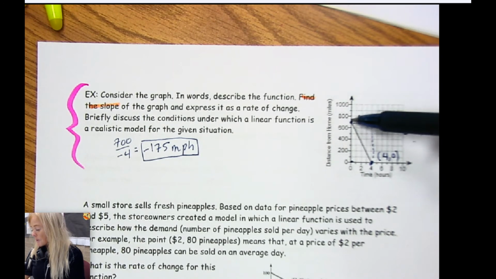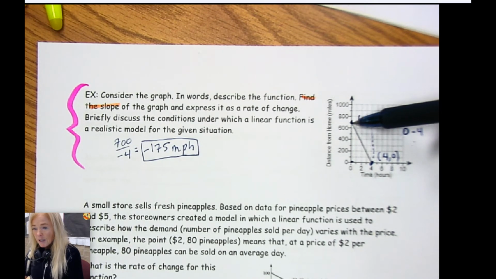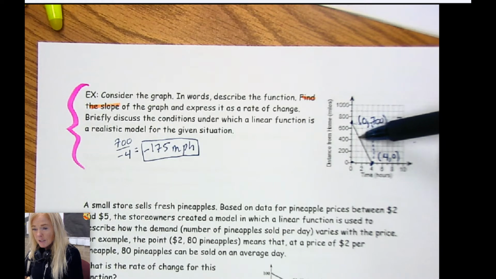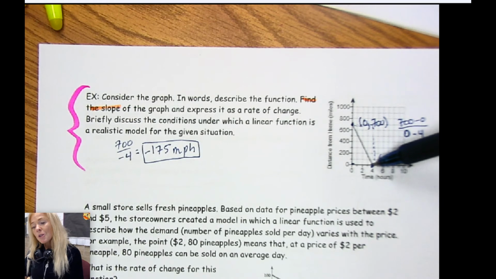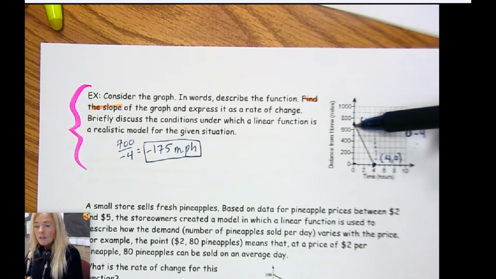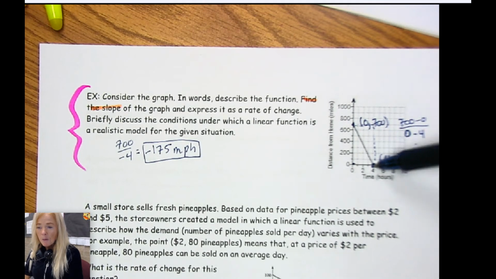But our distance from home is 700 miles, and as time is increasing, our distance from home is getting smaller and smaller. So it looks like at 4 hours, we made it home because our distance from home is 0. So we started at 700 miles away from home, and 4 hours passed until we made it home.